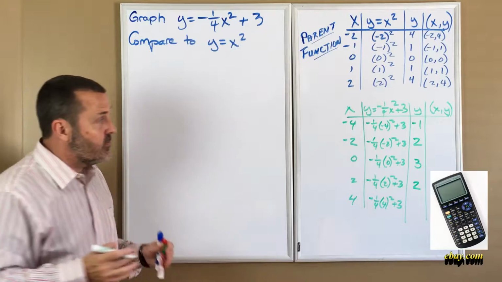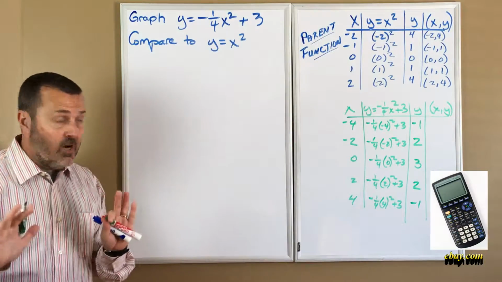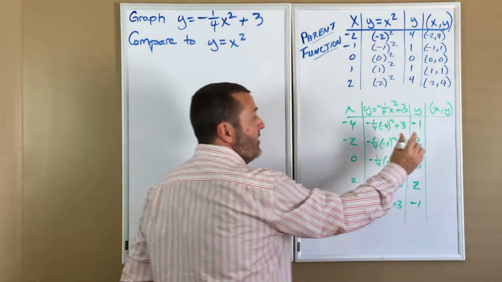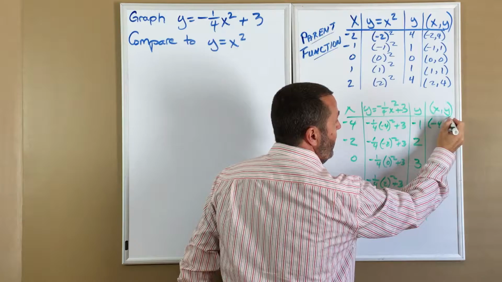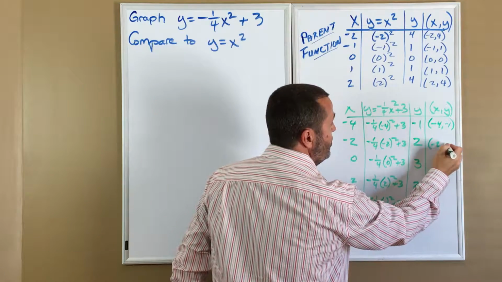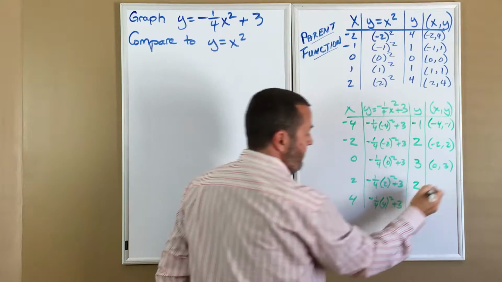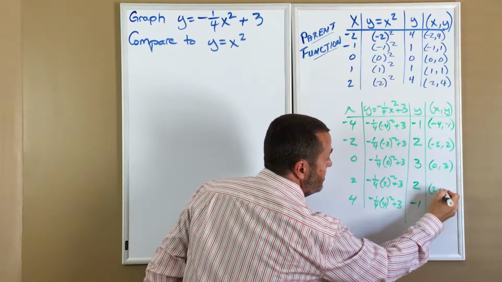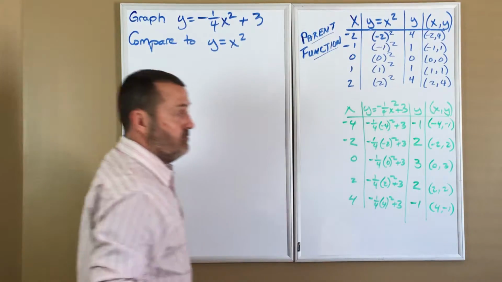Negative 4 plus 3 would be negative 1. Calculators will help us. Now we've created our x, y values of negative 4, negative 1; negative 2, 2; 0, 3; 2, 2; and 4, negative 1.